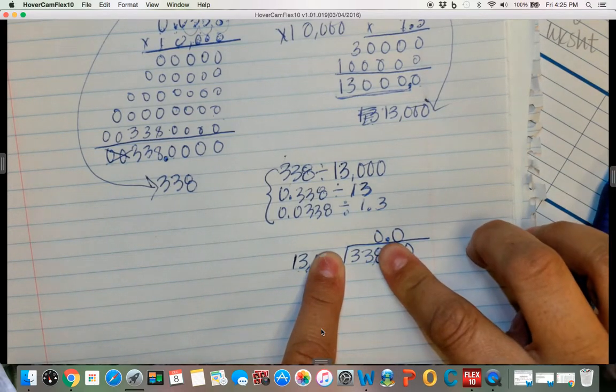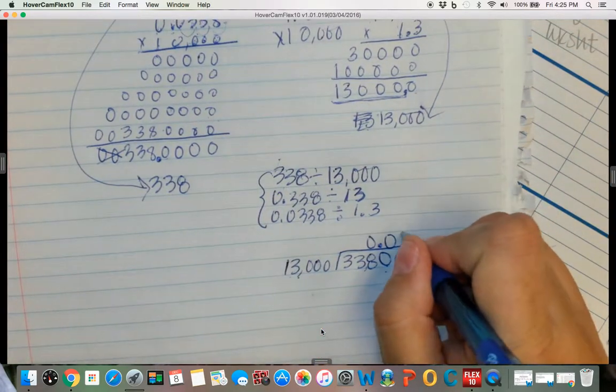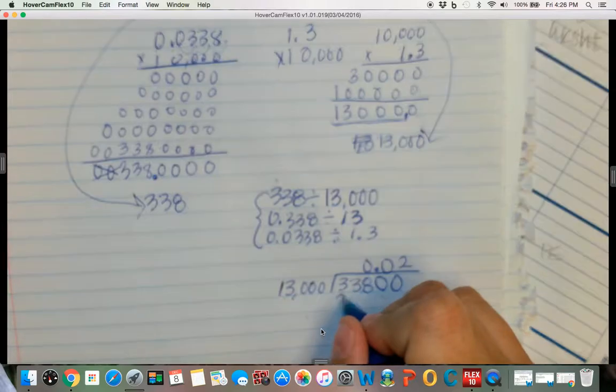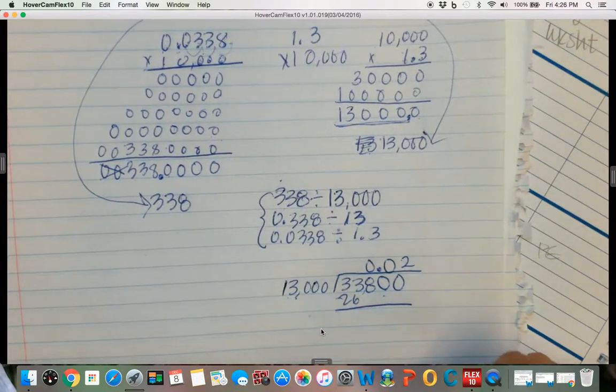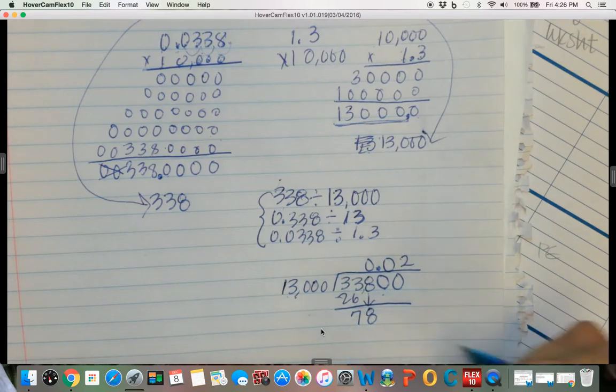I'm covering them up. 13 into 33 is the same thing we did up here. Twice. 26. I get 7 left over. I bring down the 8.